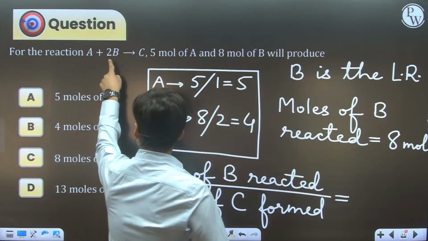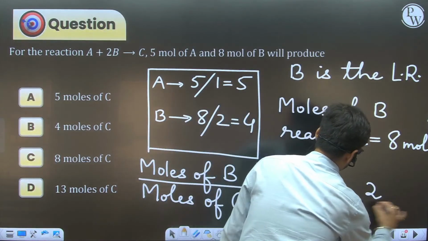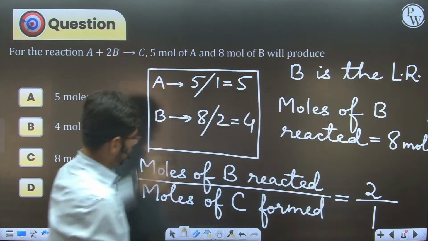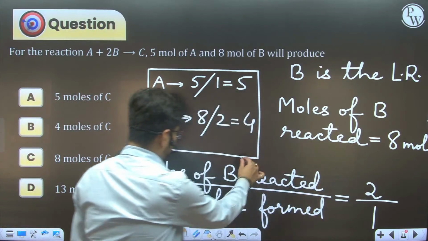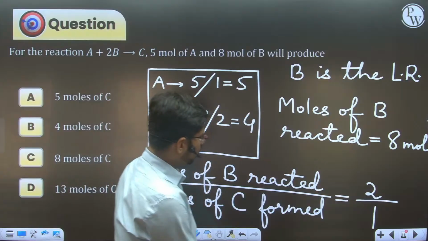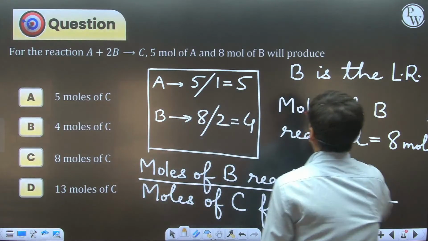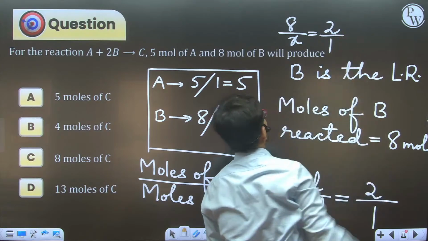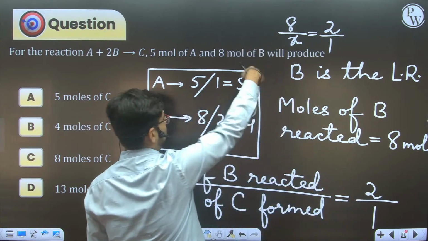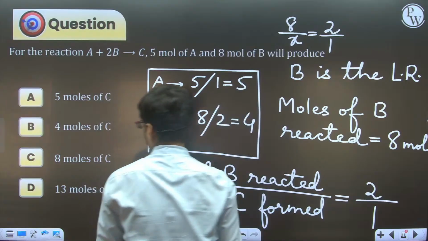Coefficient of B is 2 and coefficient of C is 1. Put the values here. Moles of B reacted is 8. So 8 upon moles of C formed is equal to 2 upon 1. So 8 upon x is equal to 2 upon 1. So 8 is equal to 2x on cross multiplying and x is equal to 4.